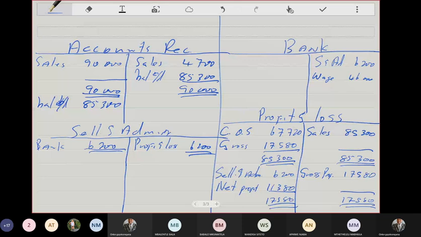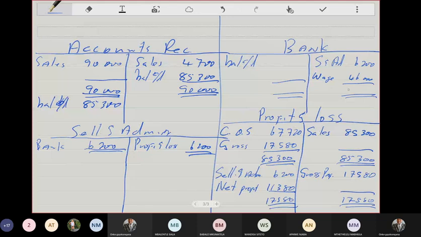Then we've got our bank, which has got an overdraft. Balance carried down 6,200 plus 46,000.